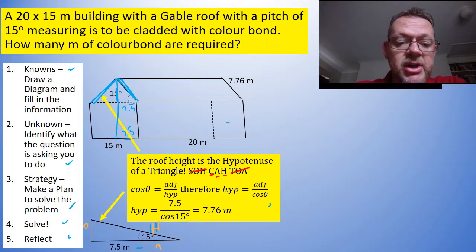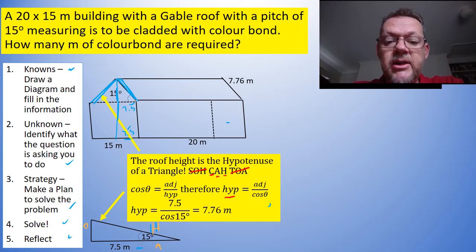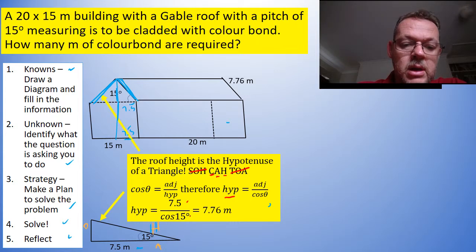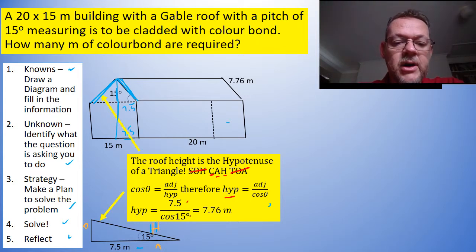So we'll rearrange that to find the hypotenuse. So the hypotenuse is just adjacent divided by the cosine of the angle. So we'll substitute that in now and say the adjacent is 7.5. We know that the angle is 15 degrees. So we just say 7.5 divided by cosine 15 will give us 7.76 metres.